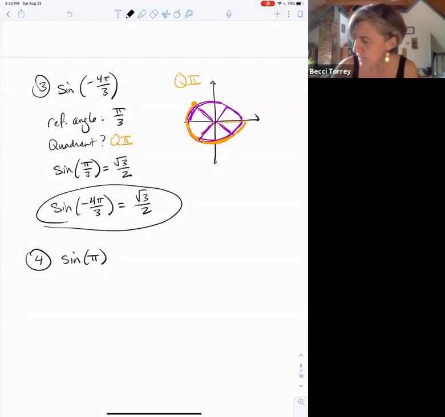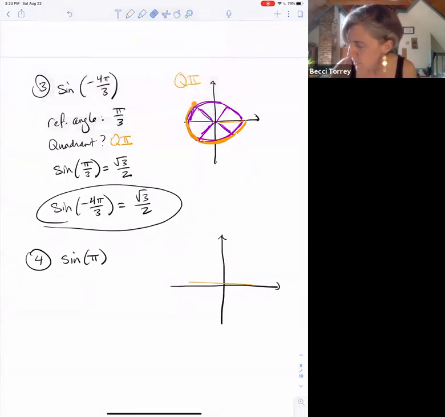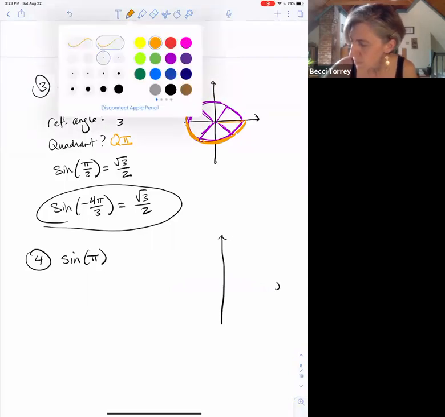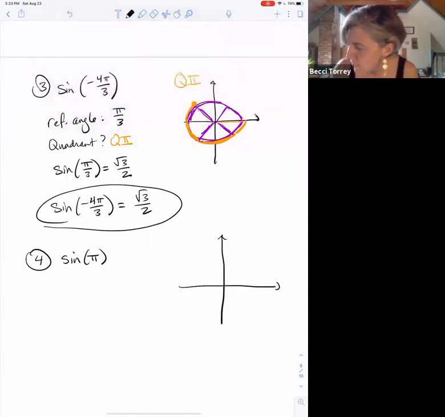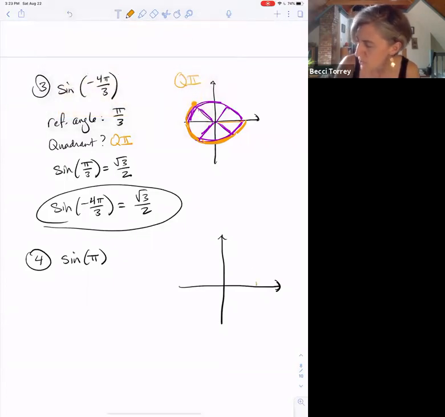So sine of pi, we can just draw where pi is on our unit circle. So pi, you always start on the positive x-axis, and you go exactly pi.